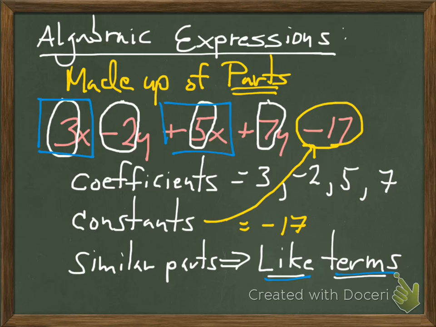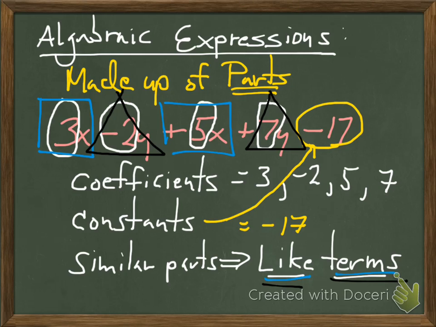So I'll change the symbol here, let's make a black triangle around this -2y. If I have a -2y, and over here I have a positive 7y, let's think about that for a second. If you had 7 y's and you gave away 2 y's, you would have 5y. So those are called like terms.